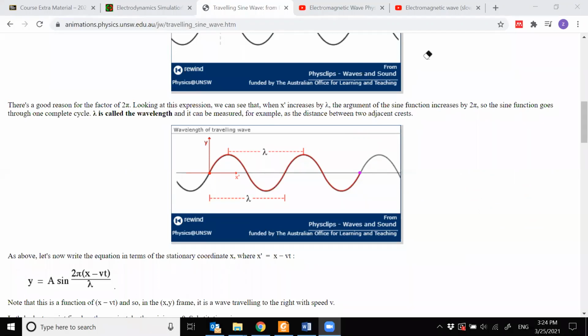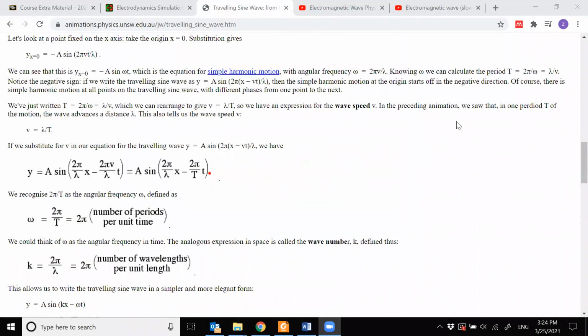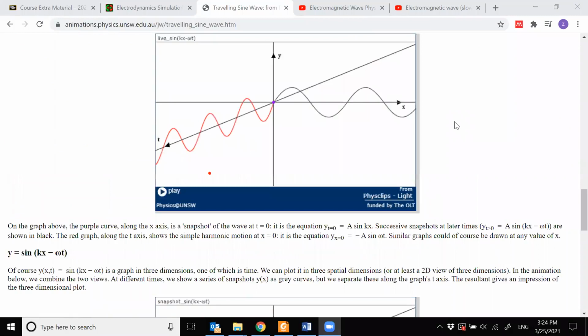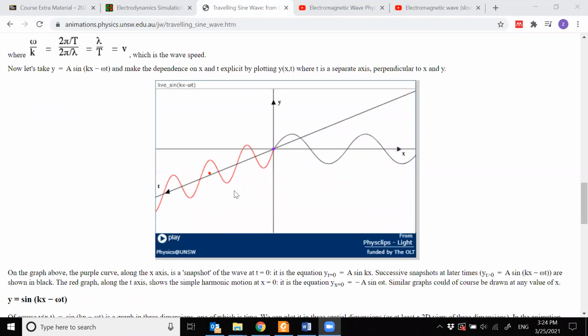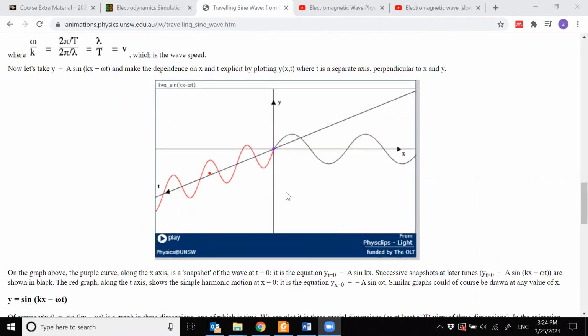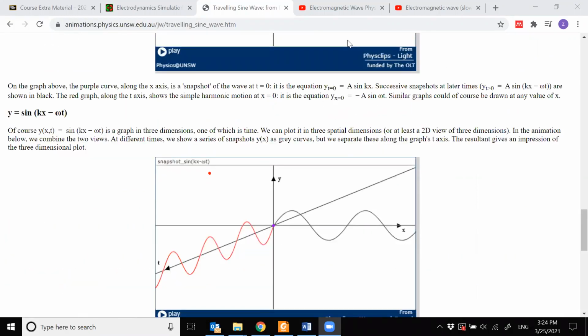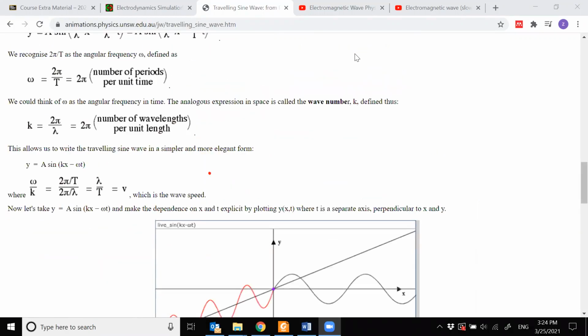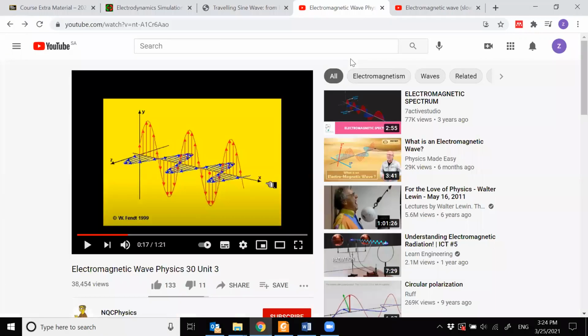But now if we release both of them, then what you will see? These are other animations also, which give you an idea of what is going on. If you want, you can have a look at it. But if we release both of them, then you will see a sine wave of something like this.